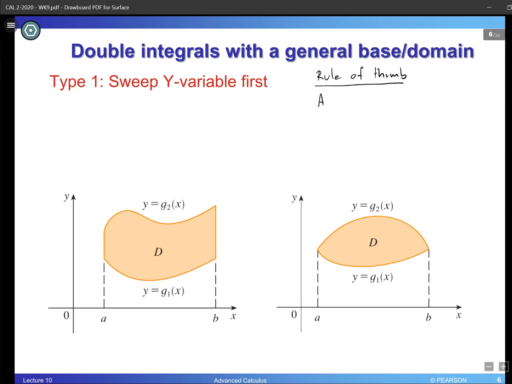Always integrate between two curves, or you can call them functions. Either one is fine. Functions first. By the way, this is related to Fubini's theorem number 2.